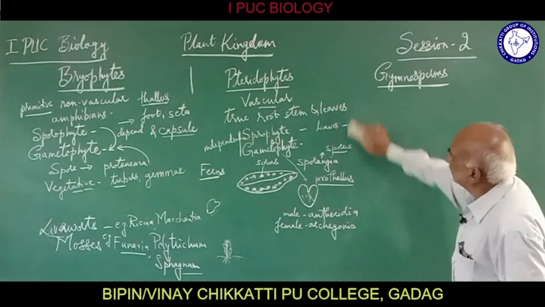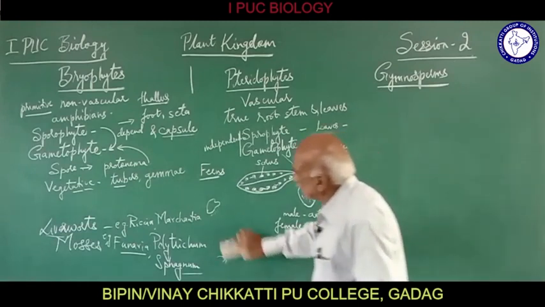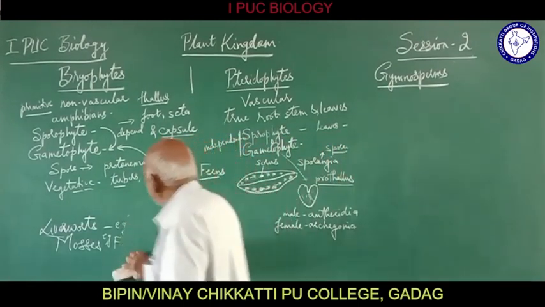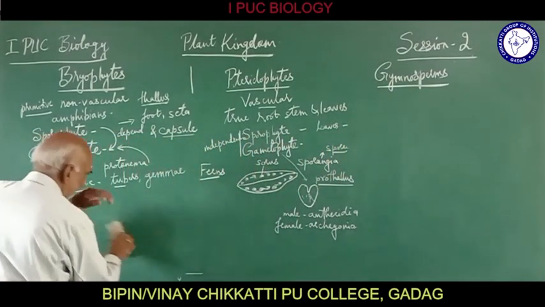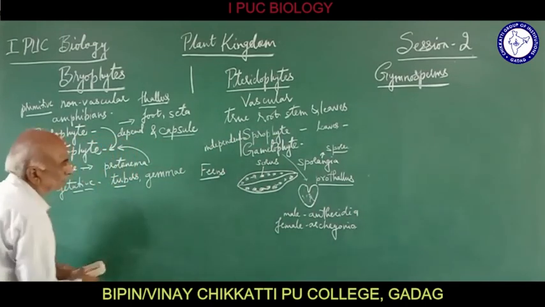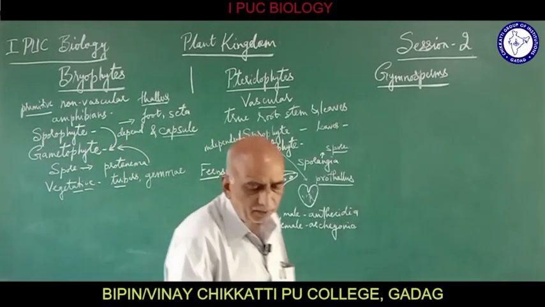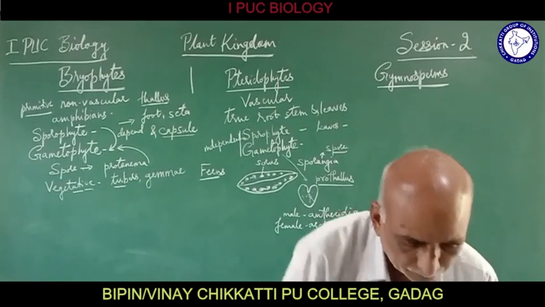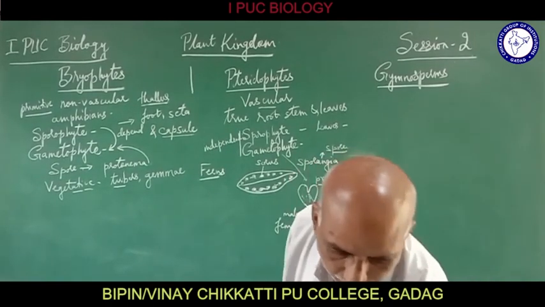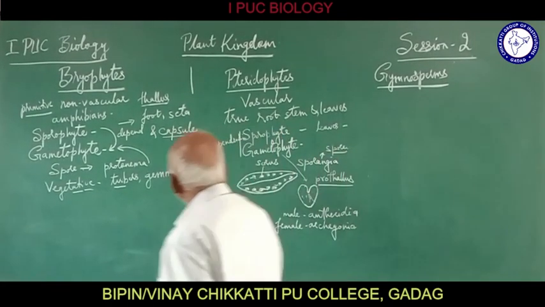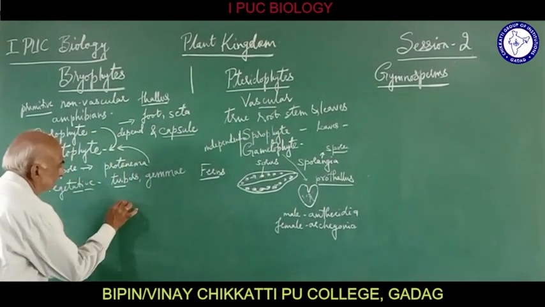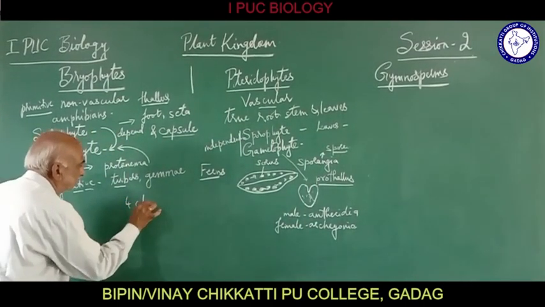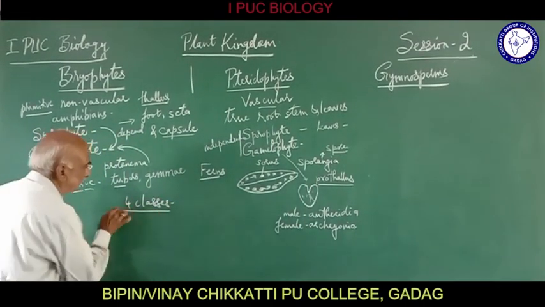Now there is one simple classification of pteridophytes. Pteridophytes are usually classified into 4 classes. So there are 4 groups in pteridophytes.